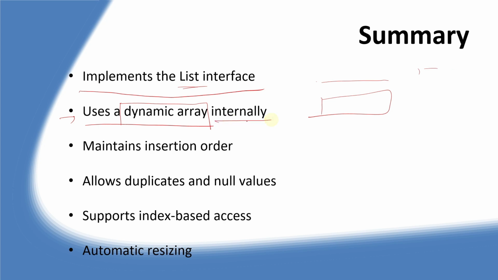This happens internally, we don't need to do anything from our side. That is what a dynamic array is. It maintains insertion order, allows duplicate and null values, and is faster because of index-based access. Automatic resizing, that is dynamic resizing, is available in ArrayList.